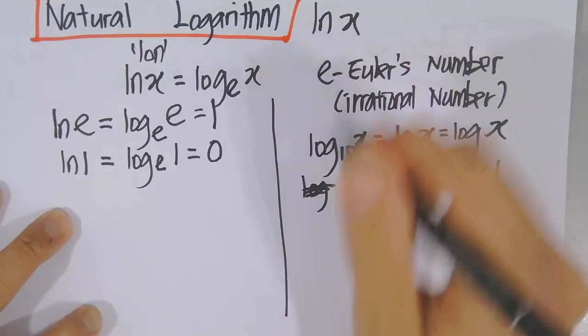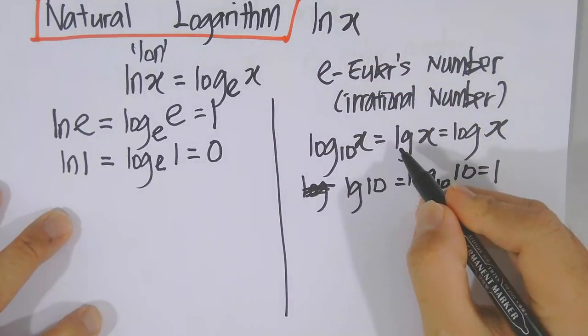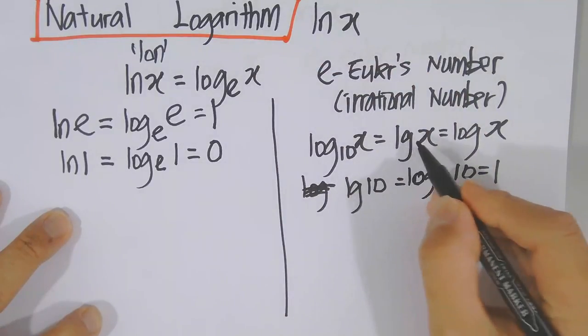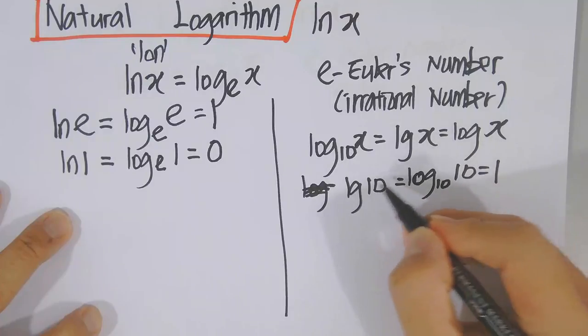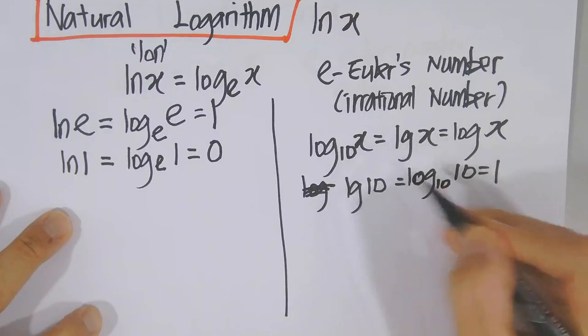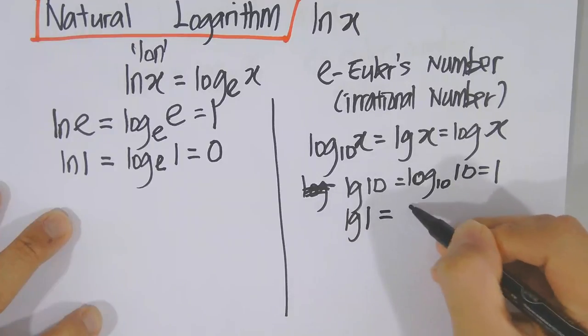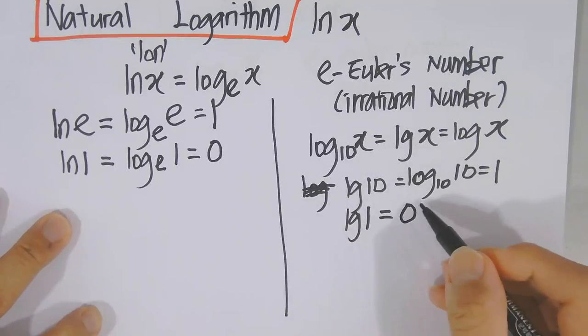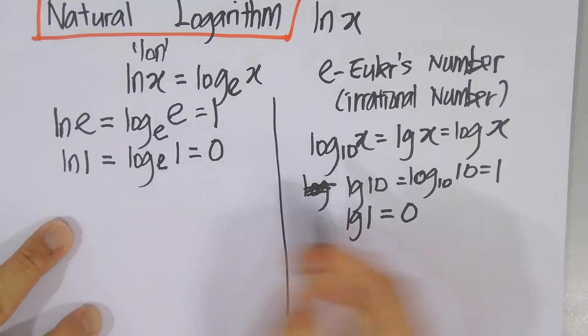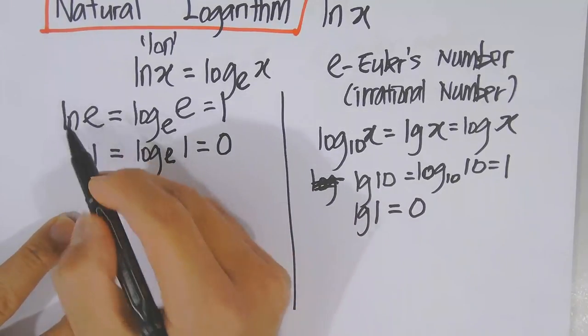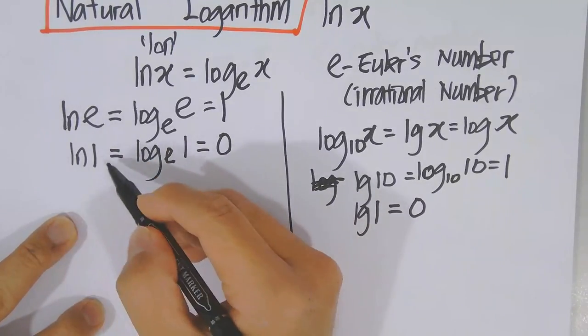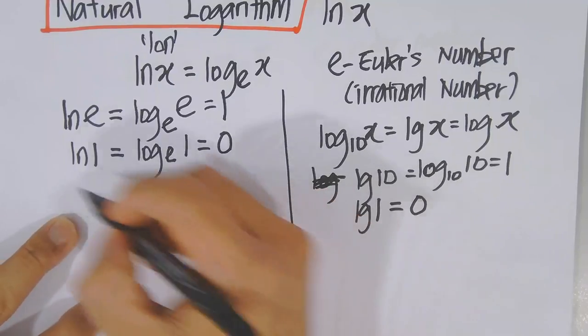Please jot this down in the lecture notes that you have. The same thing, if you have lg 1, you are still getting 0. The same as ln, where ln e is 1 and ln 1 is 0.